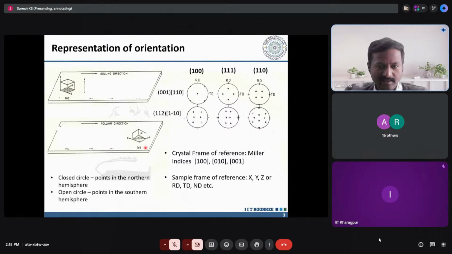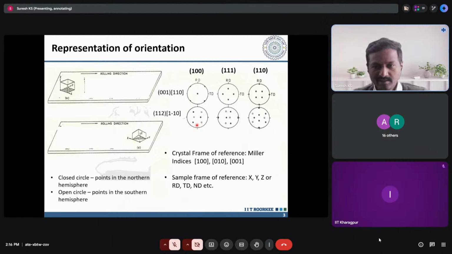Similarly, there is another example wherein the 112 plane becomes parallel to the rolling plane, and say the 1 bar 10 direction becomes parallel to the rolling direction. Now this particular one, as you can see, you have some closed dots as well as open circles.